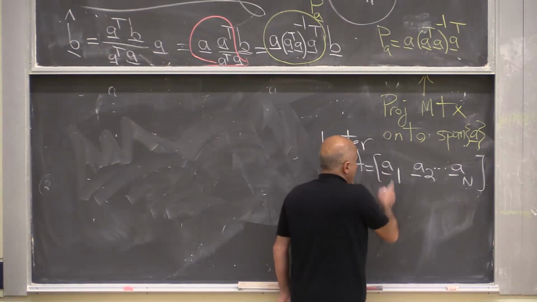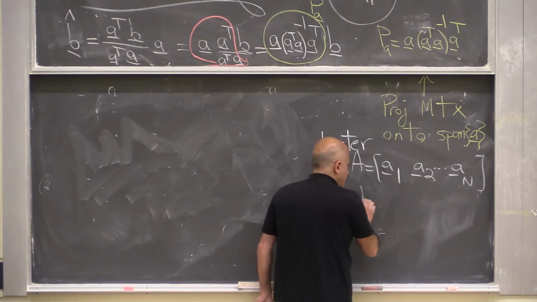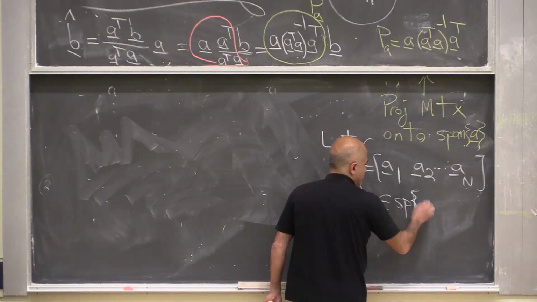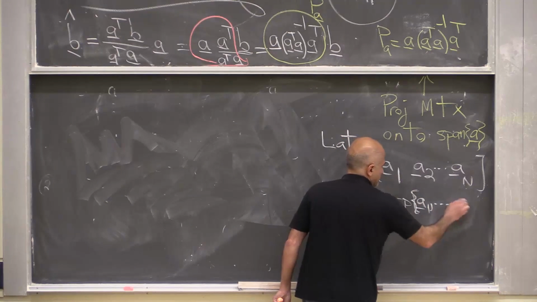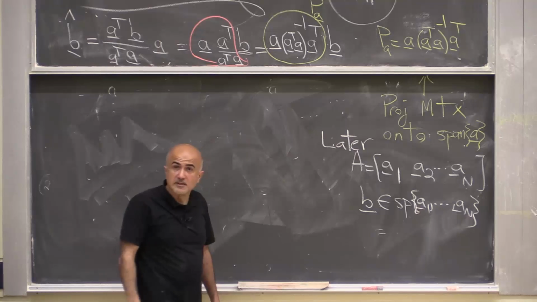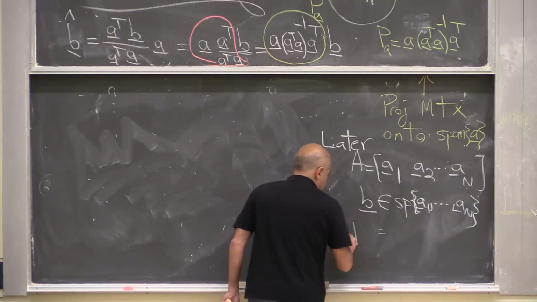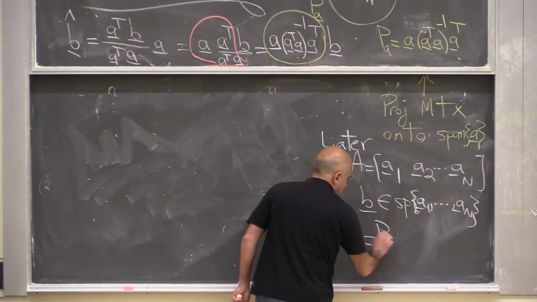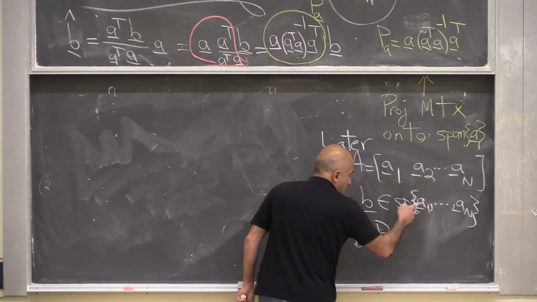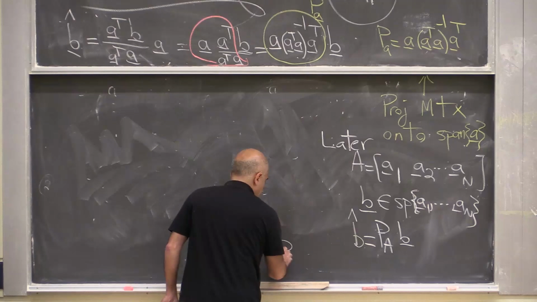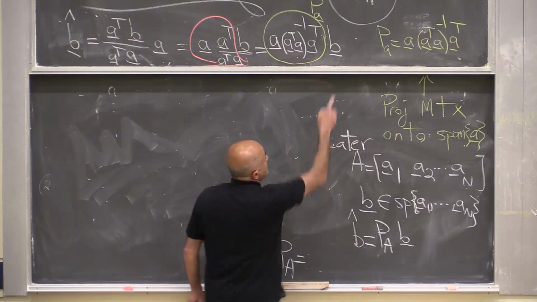And we have a vector B that's not in the span of the columns of A. And you will find later that the best estimate B hat will be the matrix that projects onto the span times B, where the projection matrix has the identical form.